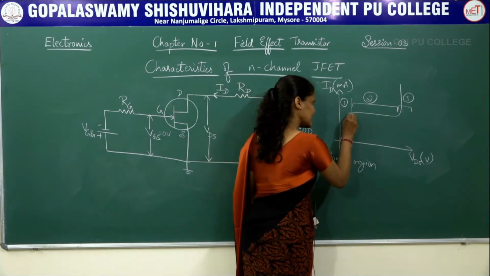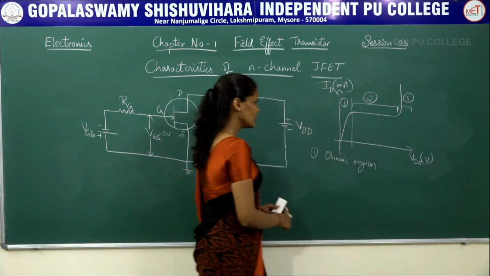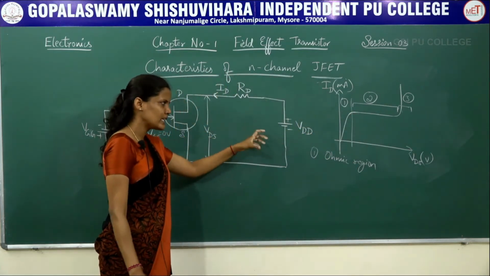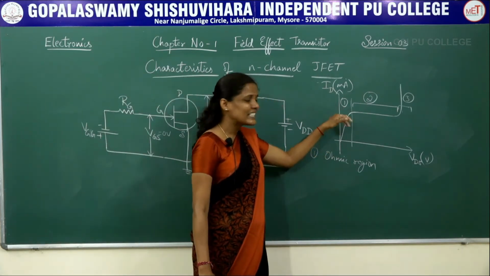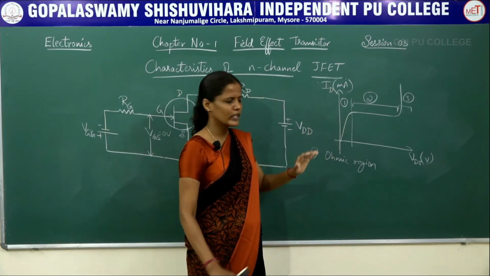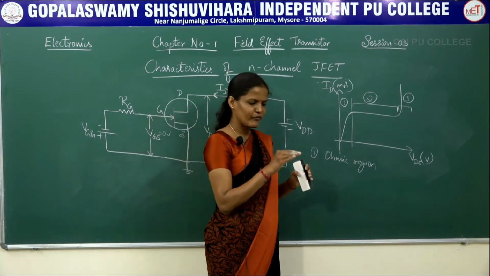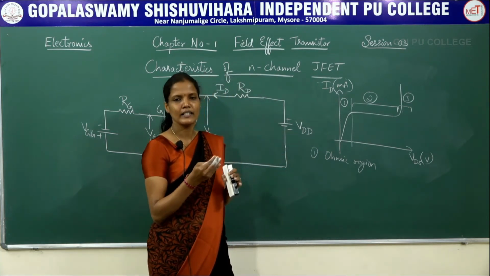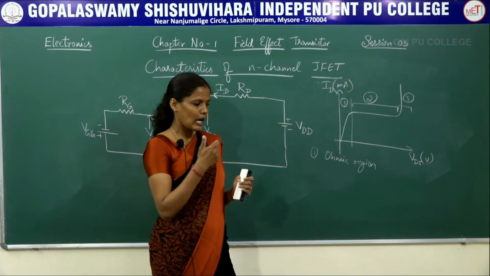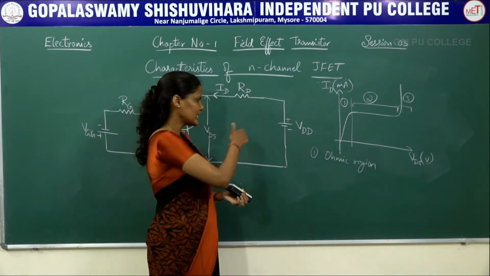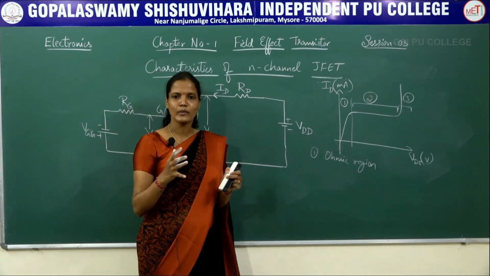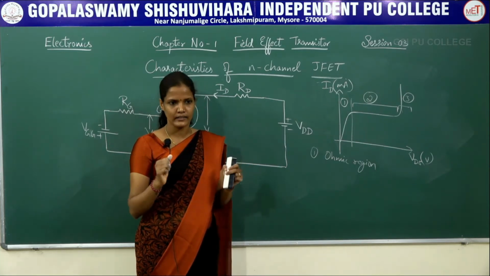Apart from this region, in this curve, as we keep varying the voltage VDD, the current starts increasing very slowly. Why is that so? As I have already told you in the earlier session, as I increase this voltage, the width of the depletion region keeps increasing.